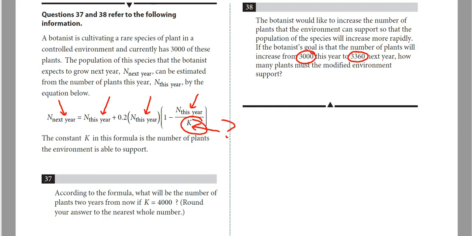So this problem is going to involve solving for K, which looks like it could be a mess. Let's see what's going on. So our next year number is going to be 3,360 equals this year number, 3,000, plus 0.2 times 3,000, and then we have 1 minus this year over K. Somehow we've got to solve for K. So I'm going to do this piece by piece.